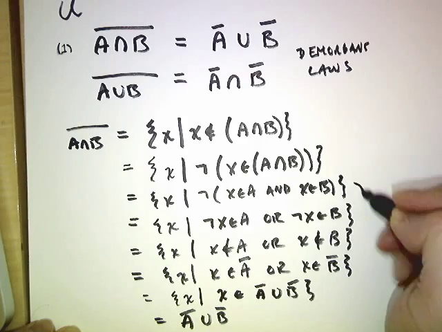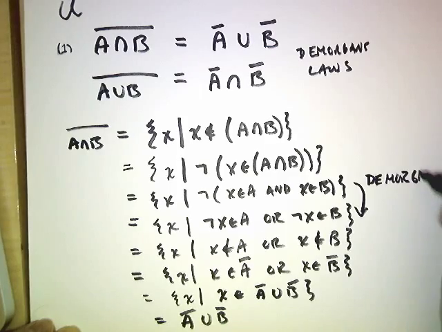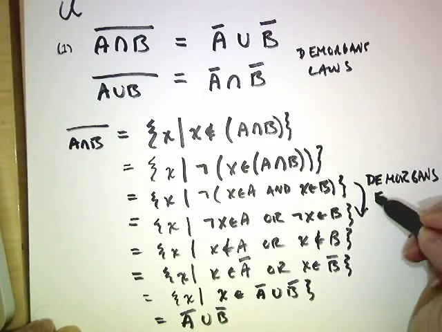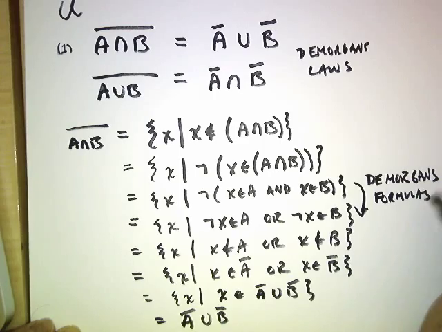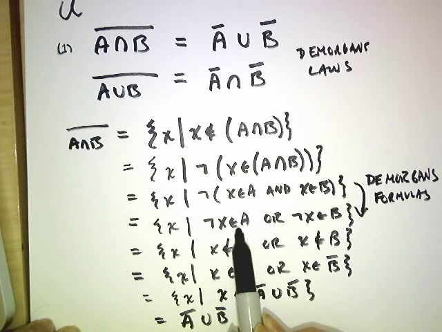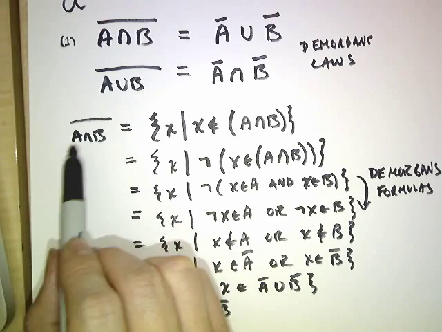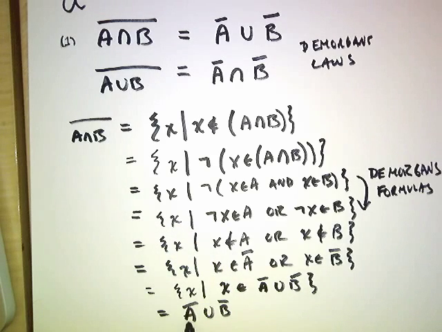We used it right here to go from this step to this step, namely that the negation of x in A and x in B is negation x in A or negation x in B. And then we push that forward through and we see that x is in not A or not B, and so x is in A complement or B complement. So we proved that the complement of A intersect B is the complement of A union the complement of B.